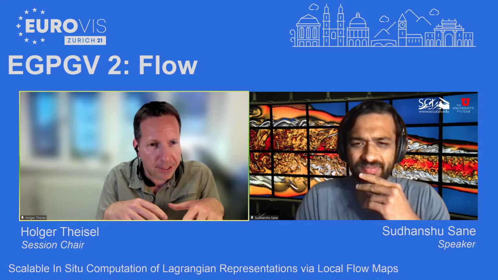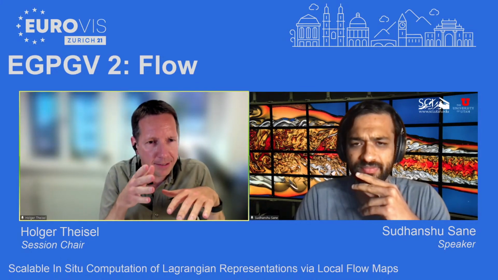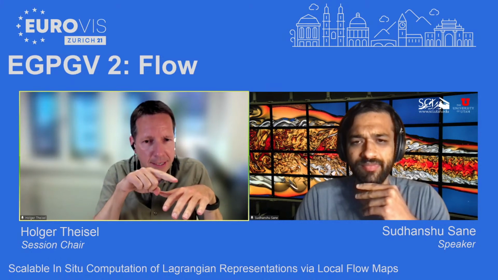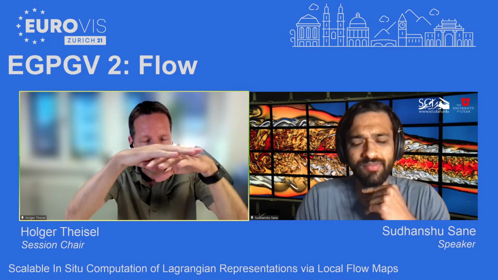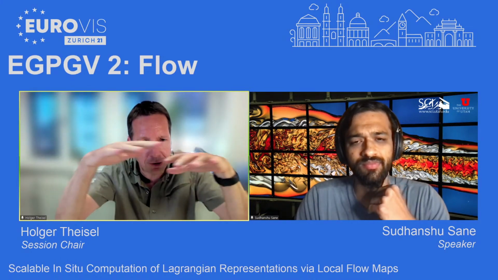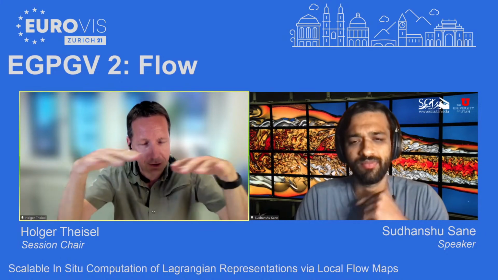You integrate your particles and you throw away the particles that are crossing the boundary to another node, and then with the surviving particles you do the Delaunay triangulation, and then you have your field.